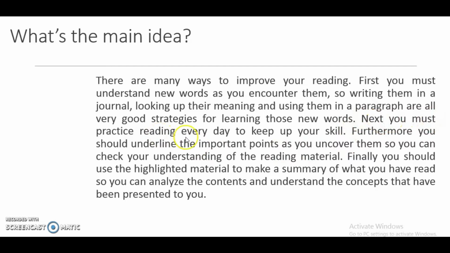Next, you must practice reading every day to keep up your skill. Furthermore, you should underline the important points as you uncover them so you can check your understanding of the reading material. Finally, you should use the highlighted material to make a summary of what you have read so you can analyze the contents and understand the concepts that have been presented to you.